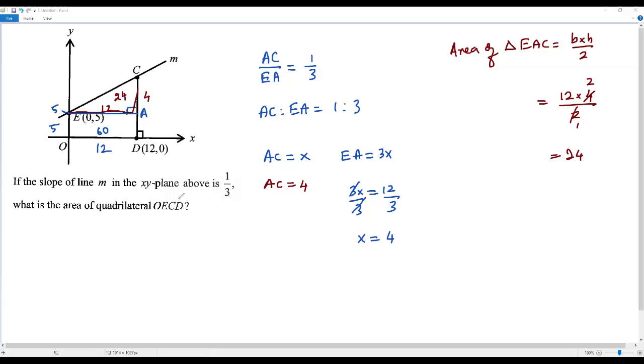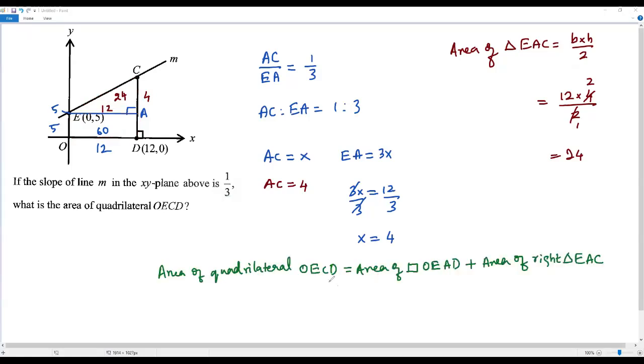So to get the area of this quadrilateral OECD, I have to add the area of the rectangle over here and the area of the right triangle over here. Okay, now let me write the required stuff. Here I have written it: area of quadrilateral OECD equals area of rectangle OEAD plus area of right triangle EAC.